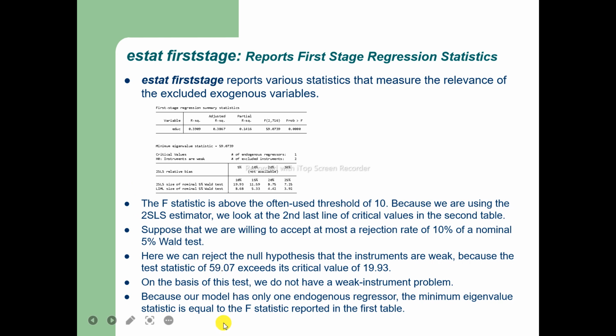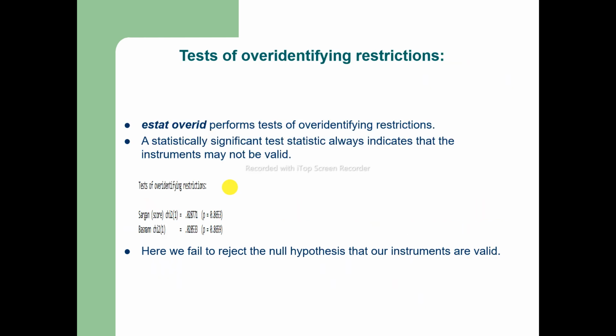So, as I mentioned, here we can reject the null hypothesis that the instruments are weak because the test statistic is 59.07, which exceeds its critical value of 19.93 with the nominal 5% Wald test. On the basis of this test, we do not have a weak instrument problem because our model has only one endogenous regressor. The minimum eigenvalue statistic is equal to the F statistic reported in the first table.